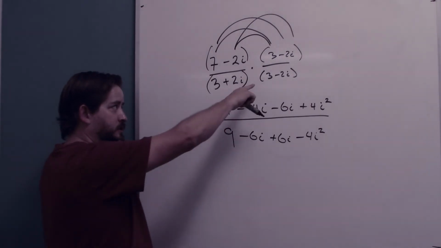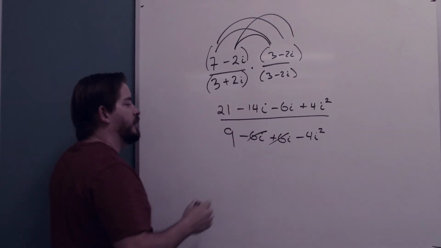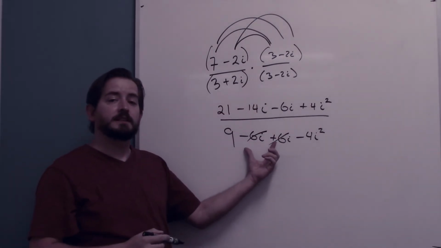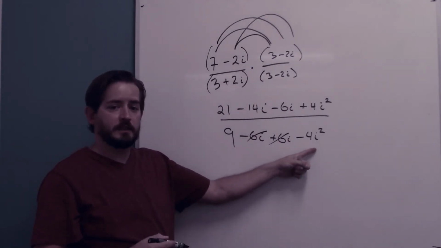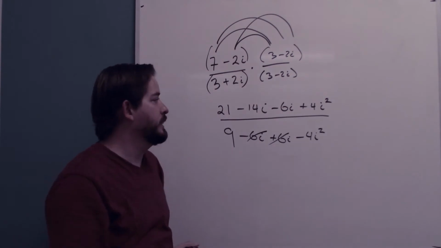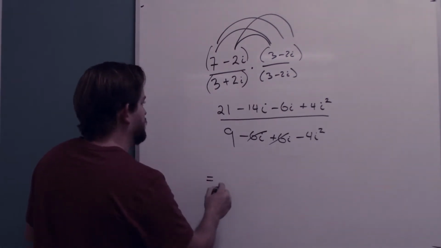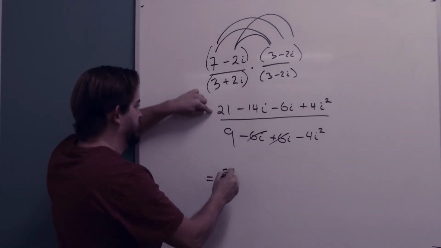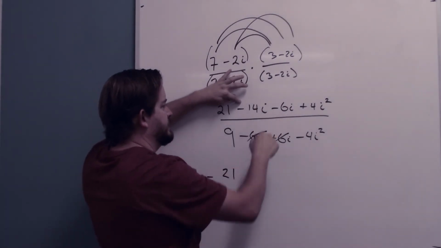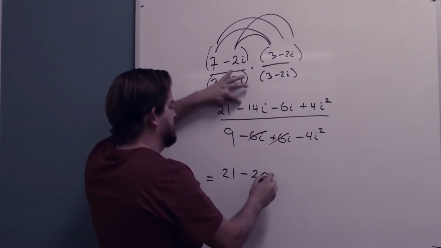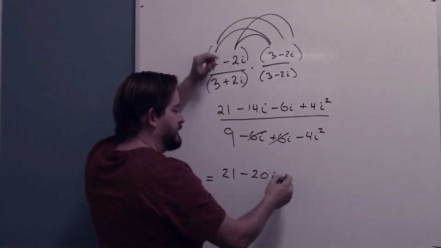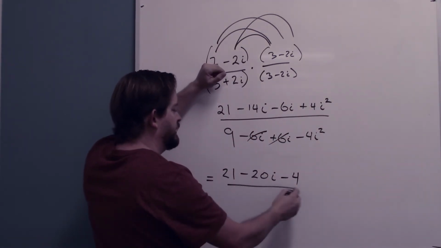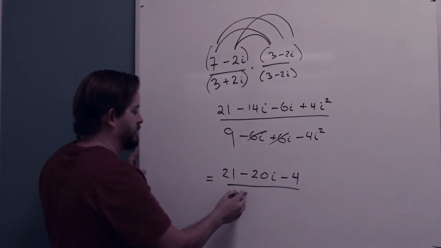The reason that I chose that 3 minus 2i in the denominator is the negative 6i and the plus 6i cancel out. There's no more i's in the denominator once I get rid of this i squared in favor of a negative 1. And so this turns into 21 minus 14i minus 6i is minus 20i. And then I have plus 4i squared, but again that i squared is a minus, so I can just call that plus 4 over 9.